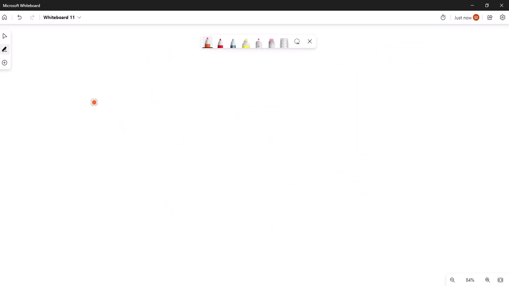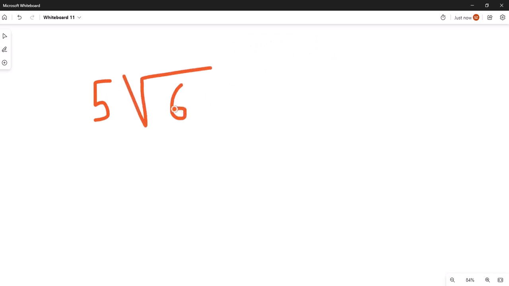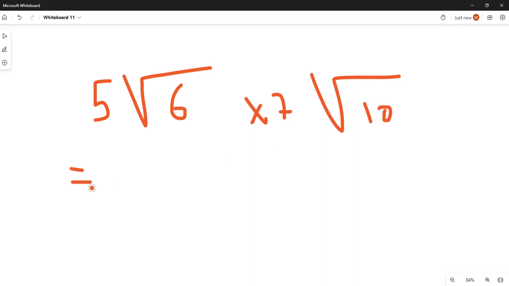Let's move to another example. 5 square root of 6 times 7 square root of 10. Pause the video and think about it so you can practice. So first, as we said, we can use the identity square root of a times square root of b equals square root of ab.